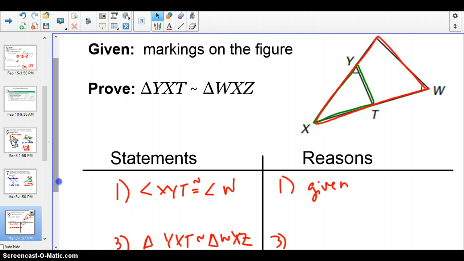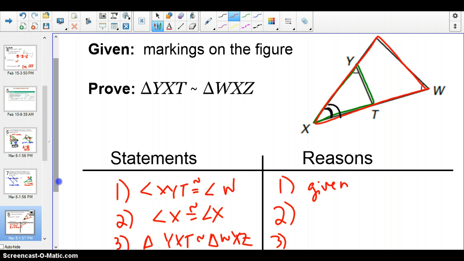Using what we learned at the beginning of the lesson, you just need two angles that are corresponding and congruent. Notice that this angle here is shared by both of those two triangles. So let's mark that in our proof. We know that angle X is congruent to itself, and that's reflexive.